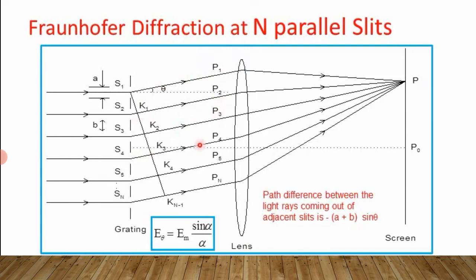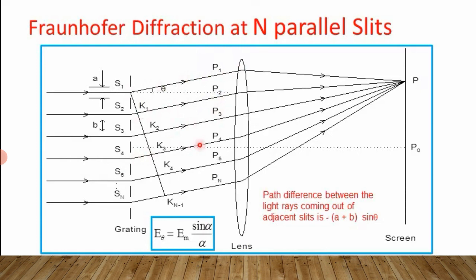The distance between the centers of adjacent slits, a plus b, is known as the grating element. When a plane wavefront of monochromatic light is incident normally on a grating, every point in each slit acts as a source of secondary wavelets and sends them in all directions.